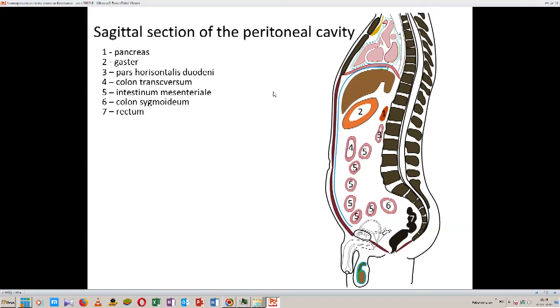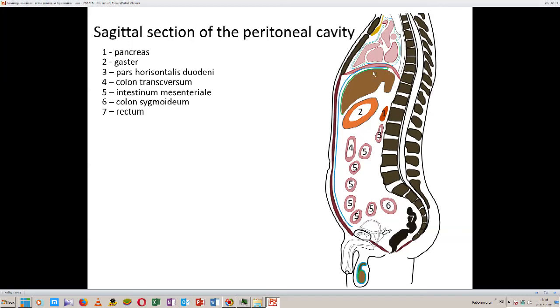Then I use green color. This green color you can find, it should cover the liver. This blue color became green in this place. So green color means the visceral sheet of the peritoneum.